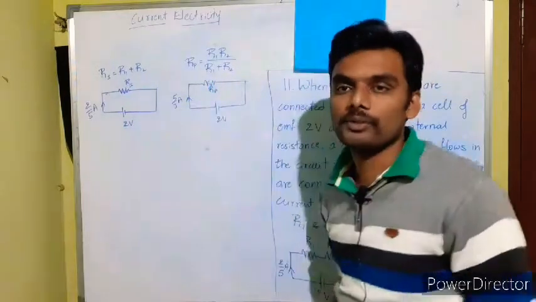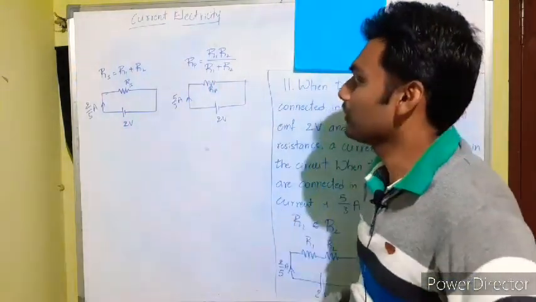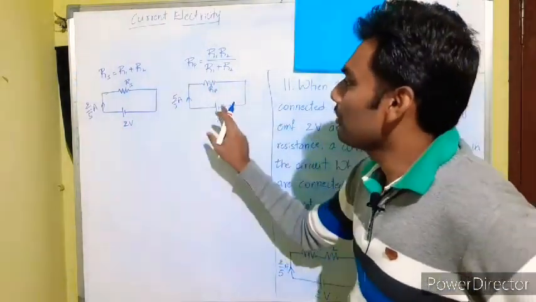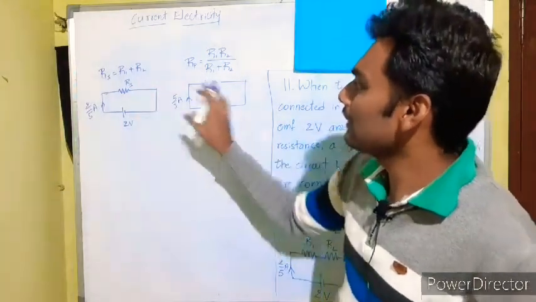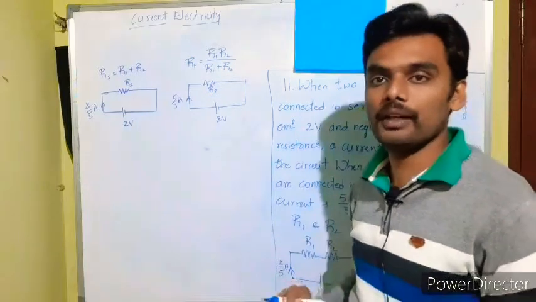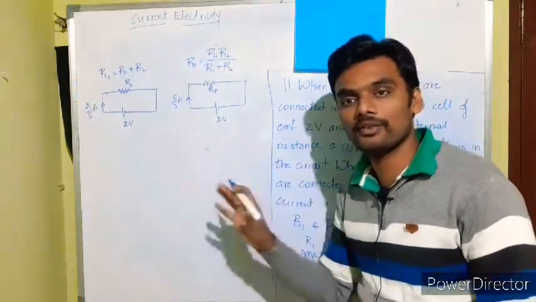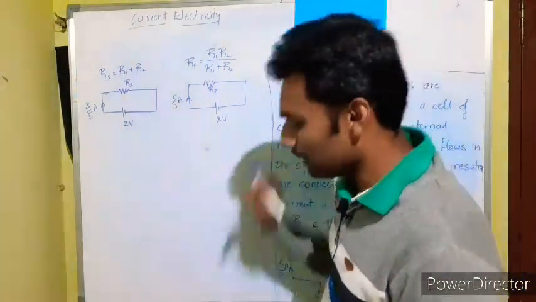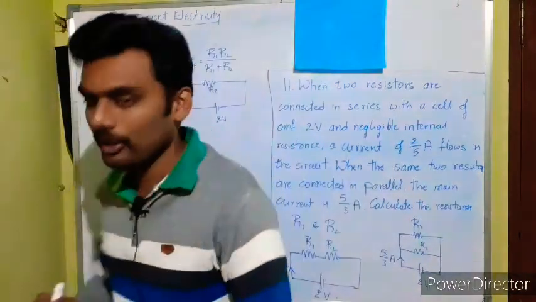Now the circuit has reduced to the effective circuits. If we can get Rs and Rp, then we can obtain R1 and R2. We'll get a few simultaneous equations and we can get it. So let us work for Rs and Rp now.